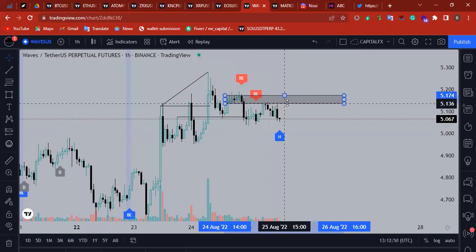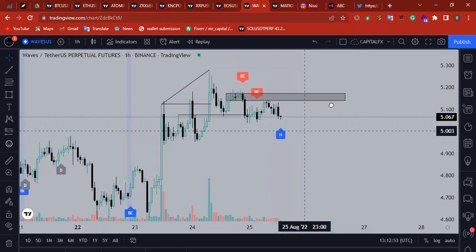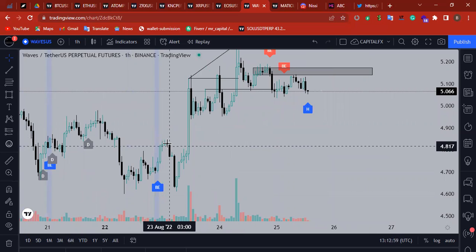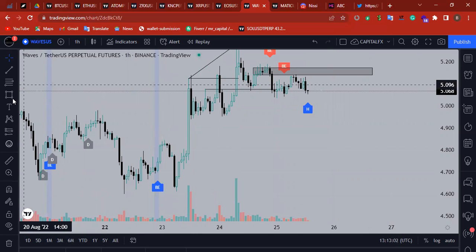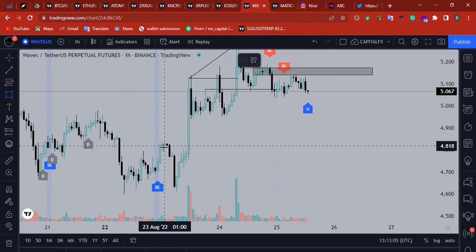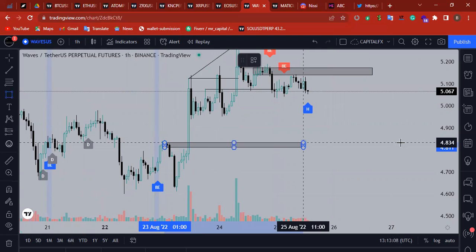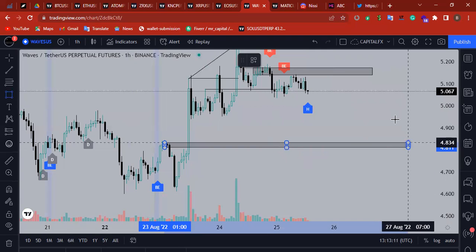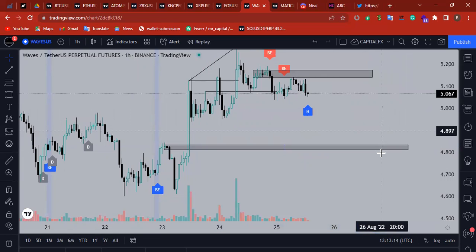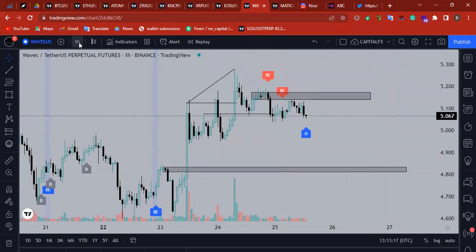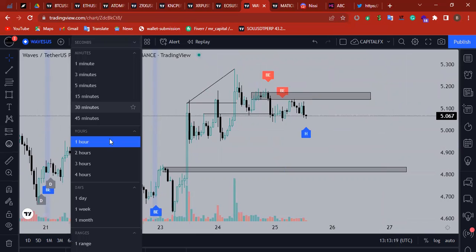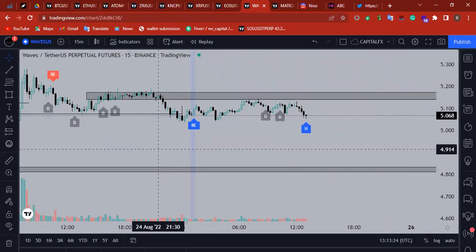So now, you see, the thing is simple. Then you are looking for targets, where I expect this market to hit before we look at long again. After drafting it like this, let's go straight to 15 minutes time to confirm our ODs.